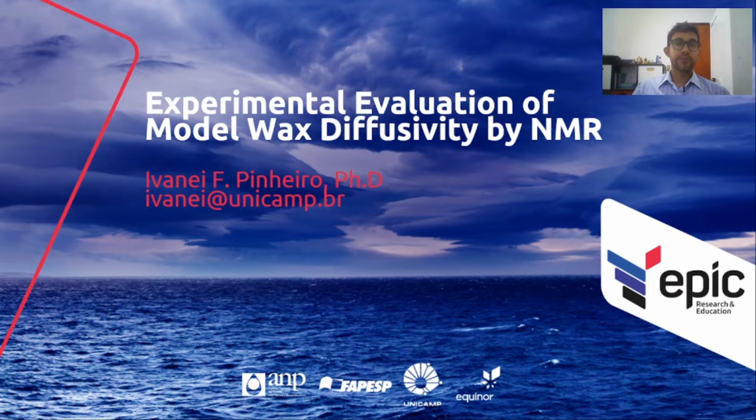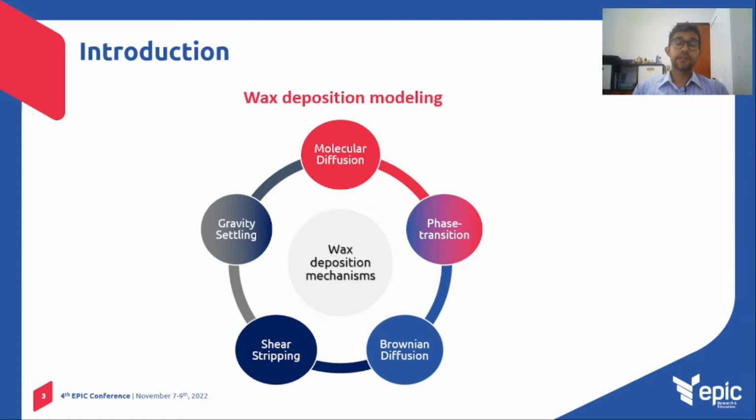So here I will present some experimental results on diffusivity, which we determine using nuclear magnetic resonance. First, of course, wax deposition is a big problem for the oil industry, and there are some wax deposition mechanisms considered in the literature and in the oil industry, like molecular diffusion, phase transition, and Brownian diffusion, for example.